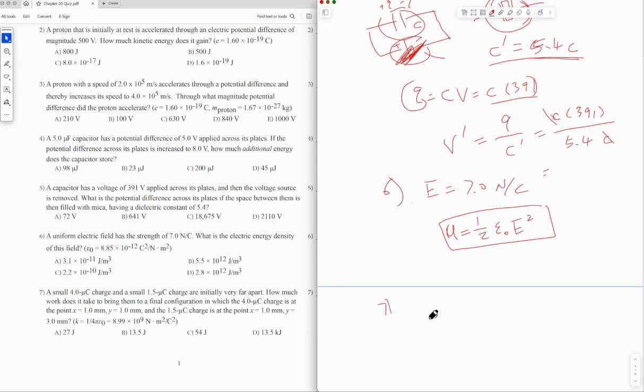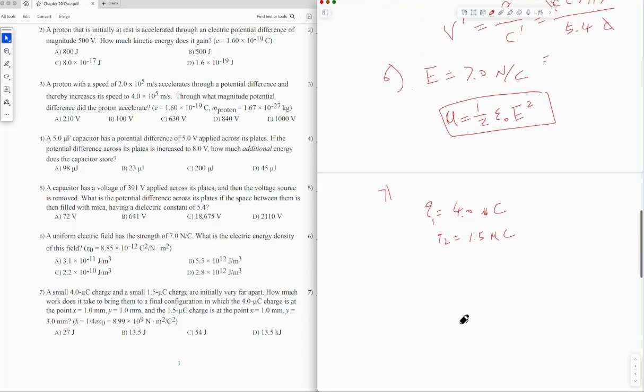All right, number 7. A small charge Q1 equal to 4.0 microcoulombs and a small charge Q2 equal to 1.5 microcoulombs are initially very far apart. How much work does it take to bring them to a final configuration? So the final configuration here is this.